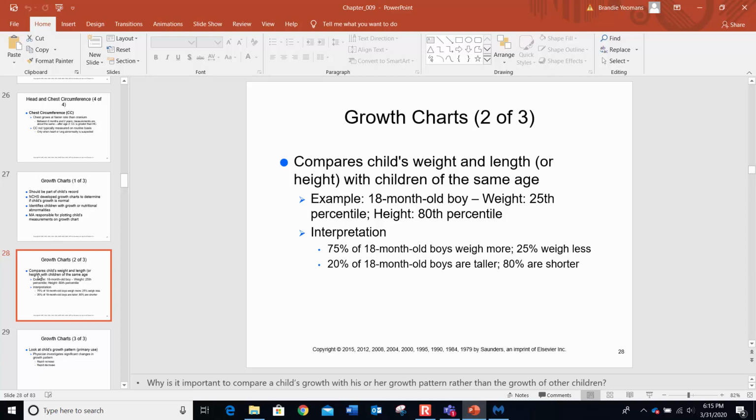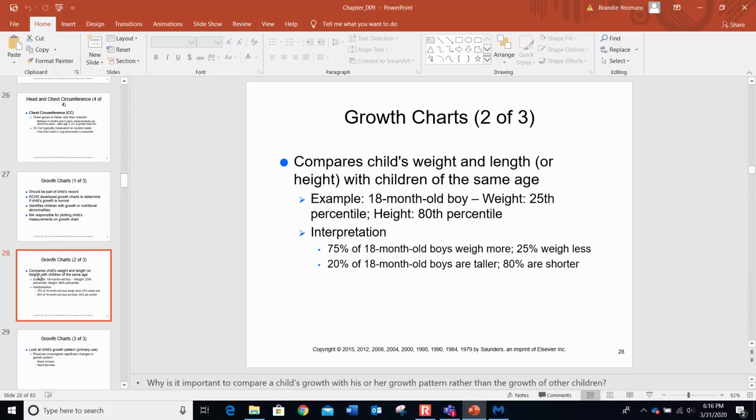As you can see here, it says that we are comparing the child's weight and length or height with children of the same age. So they give you a great example. We have an 18-month-old boy that weighs in the 25th percentile, and he's in the 80th percentile in height.